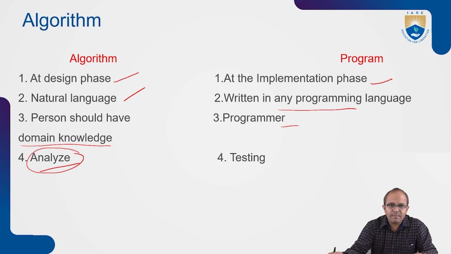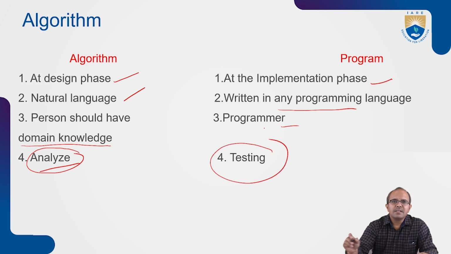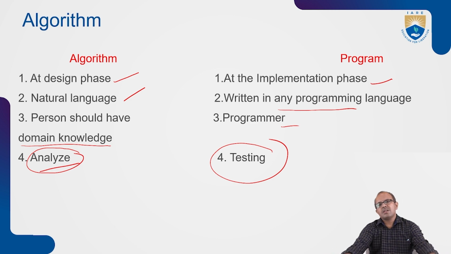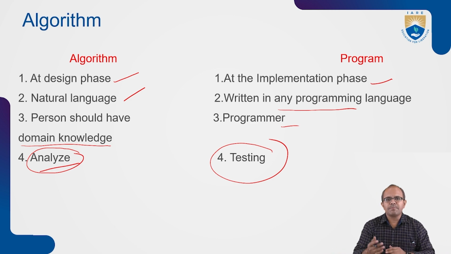Now coming to the programming, once the algorithm is implemented in any specific programming language, one should go for testing. The algorithm needs to be tested across inputs by changing the input values: how it is responding for a specific input, for a particular input what is the output, what is the outcome of this algorithm?